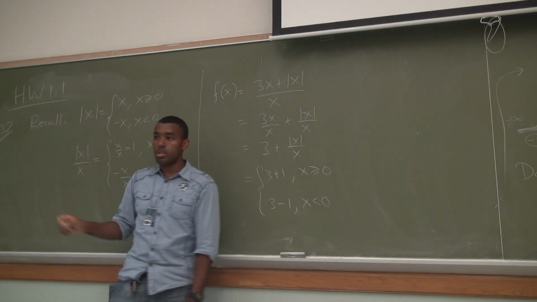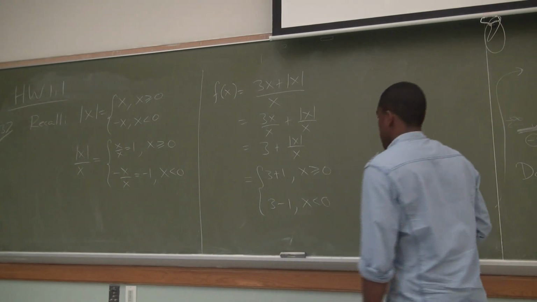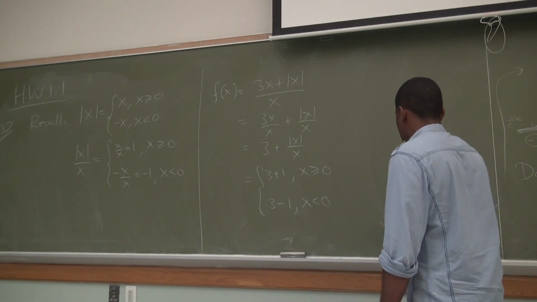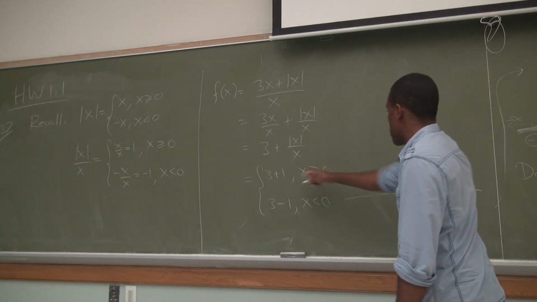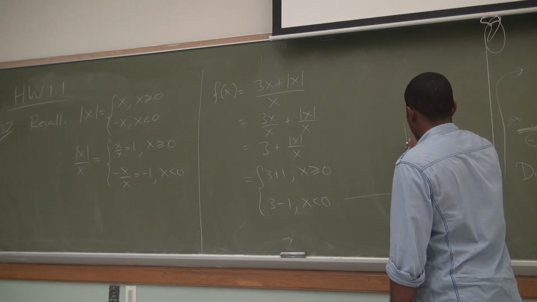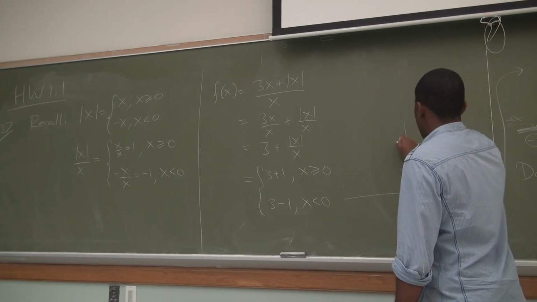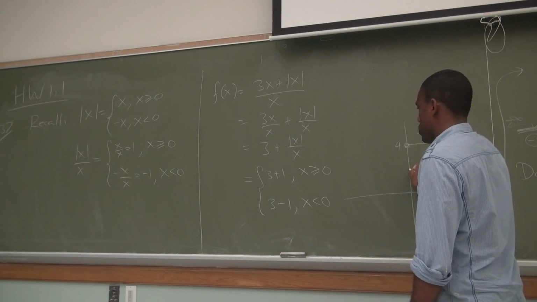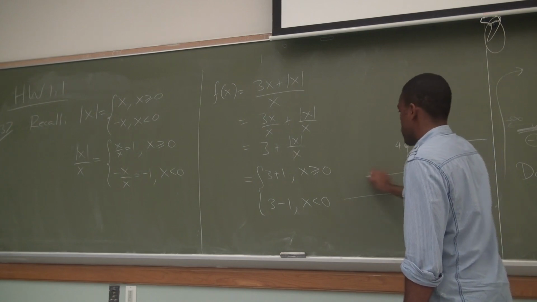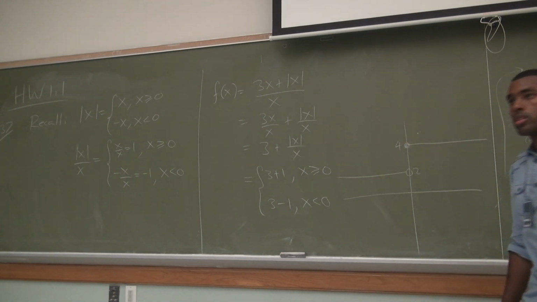So the graph would actually look like it's 4 when you're positive, and it will be 2 when you're negative. So that would be the picture.